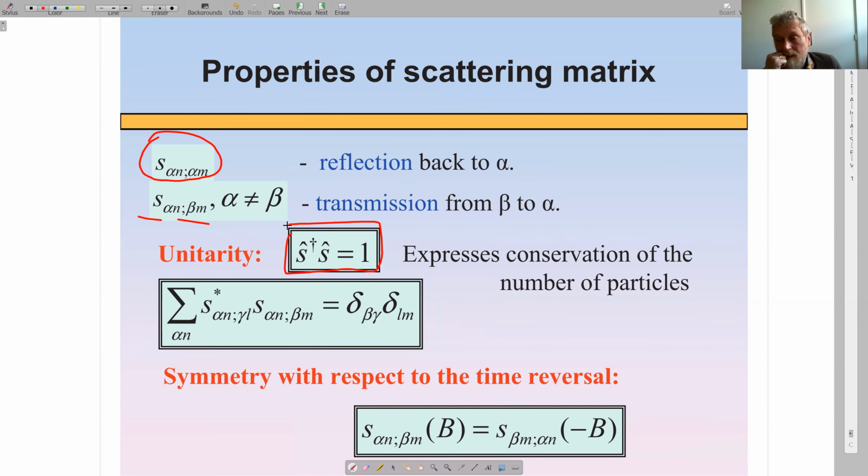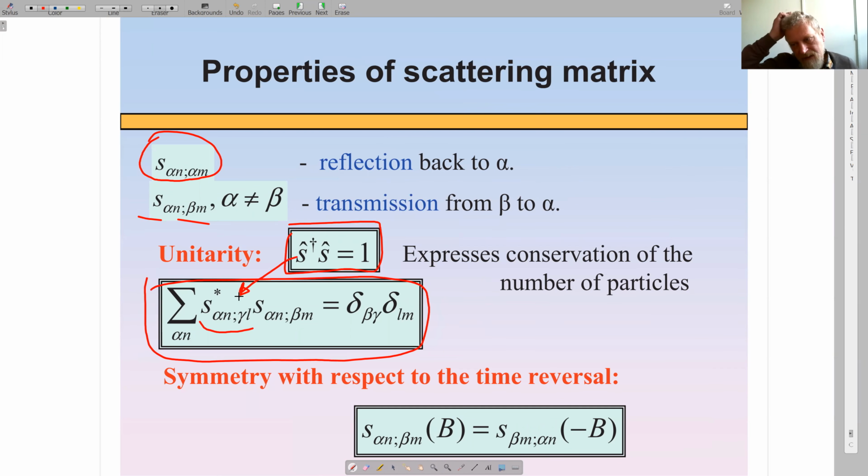Fine, how to express it in terms of the new situation? Well, I just substitute these double indices, right? I hope you can follow. So this is the transposed matrix.